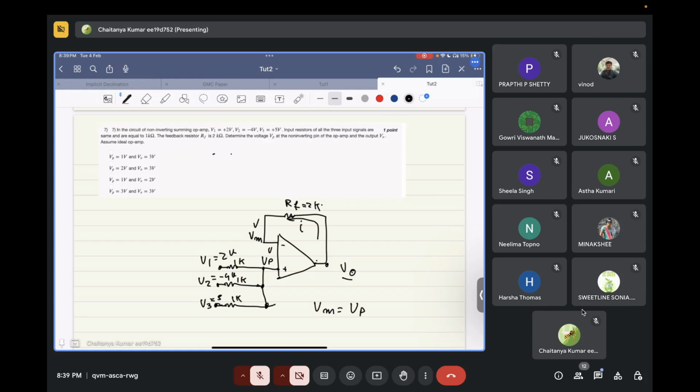What is the current? V naught minus Vp by RF. V naught minus Vp by RF. RF. Correct. Where will this current flow? Is there any path for this current to flow?